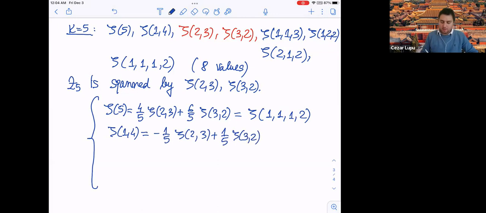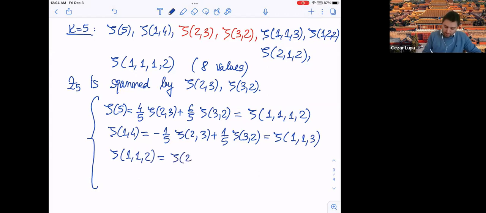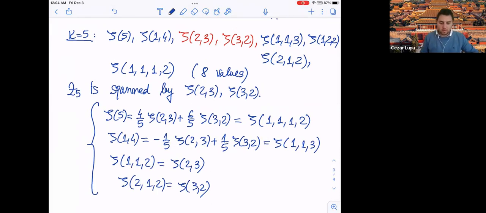So again, you see these, and this can be zeta of 1, 1, 3. And we also have zeta of 1, 1, 2. So the triple zeta of 1, 1, 2 is zeta of 2, 3. And the triple zeta 2, 1, 2 is zeta of 3, 2. As you can see, all the others can be expressed in terms of these 2.